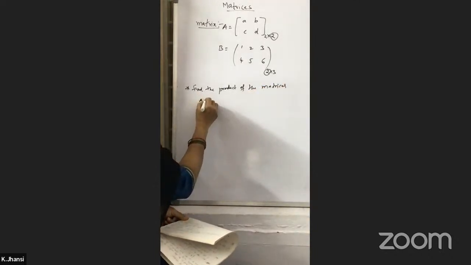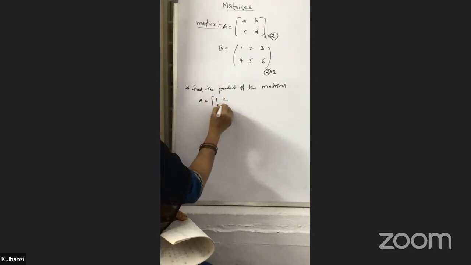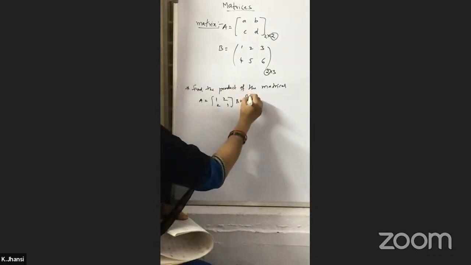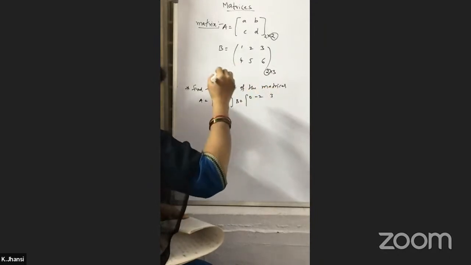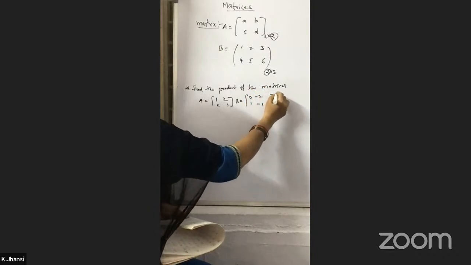A equals 2, 1, and B equals 0, minus 2, 3, 1, minus 1, minus 3.